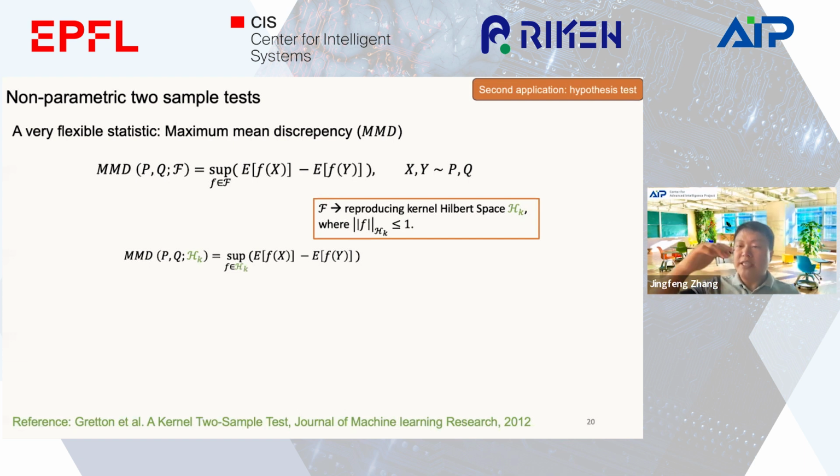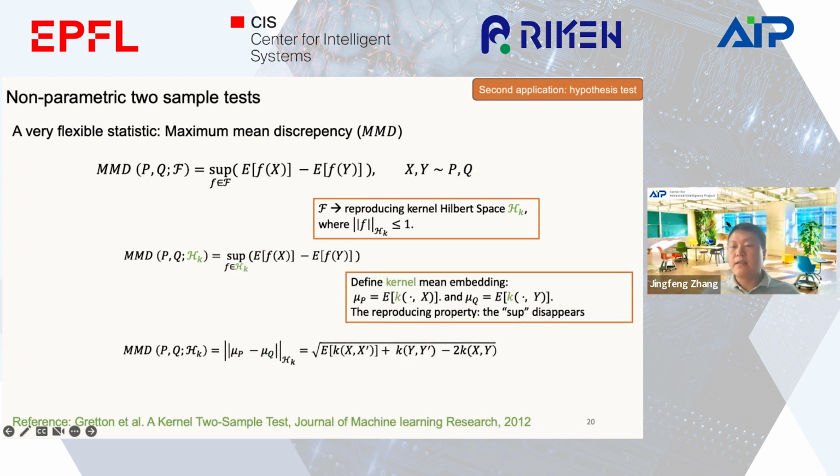We must restrict the function class to provide powerful finite sample estimates. But we also want this function class to be rich enough to be flexible. Therefore, we choose this function class F to be the unit ball in a reproducing kernel Hilbert space, RKHS.